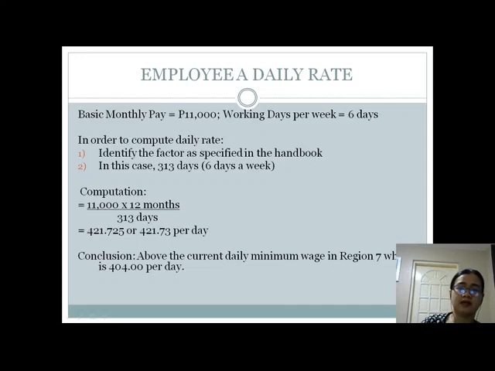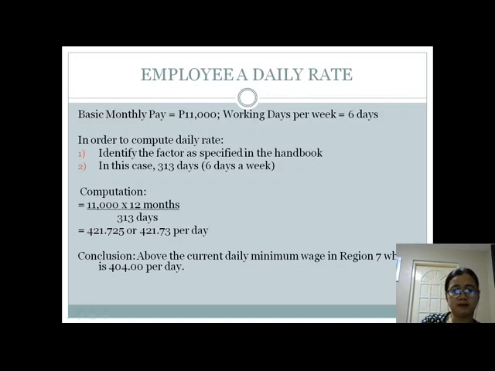So for employee A's daily rate, in order to compute it, we need to, number one, know the basic monthly pay, which is 11,000, and the working days per week, which is 6 days regularly. Then you need to identify the factor as specified in the handbook. Employee A, again, 6 days a week, that is 313 days.